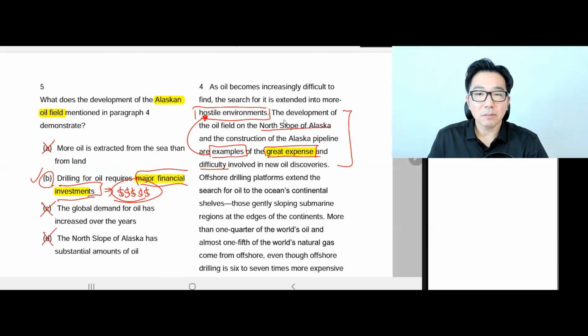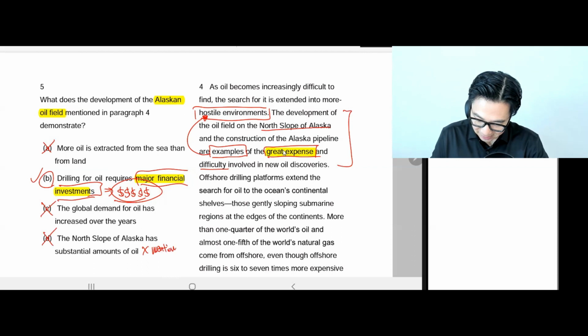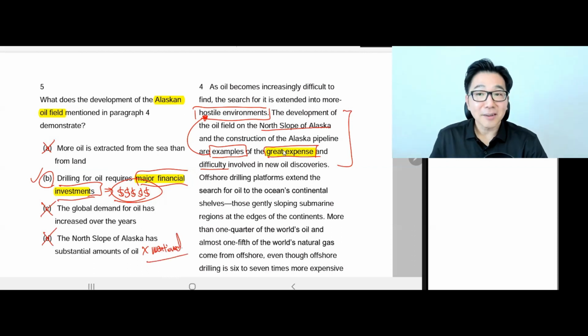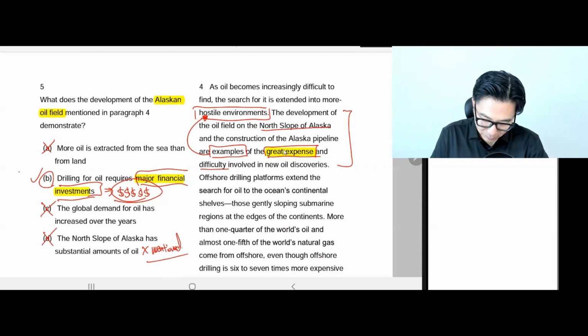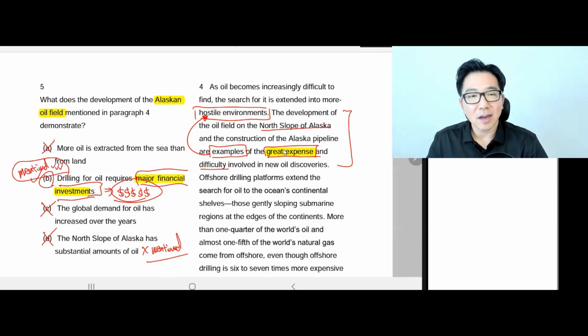But it doesn't tell us. I don't know exactly. Not mentioned, guys. Come on. Simple comprehension. This one is mentioned. Language test, reading test, comprehension test. Question 5, the answer is B. Next question, please.